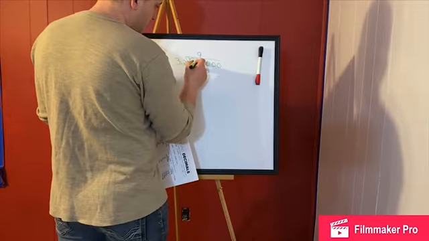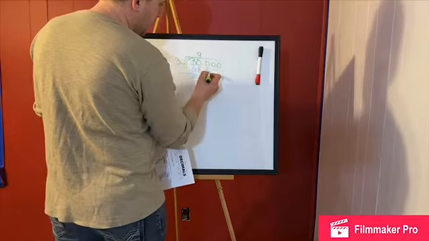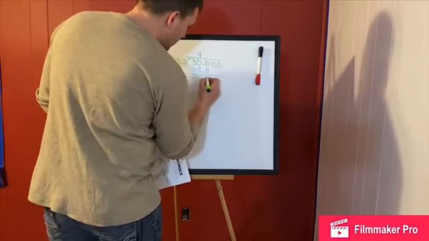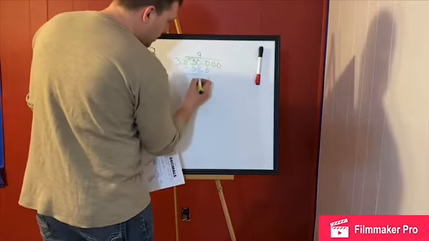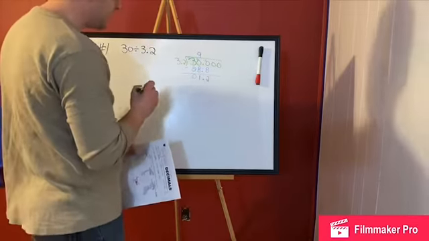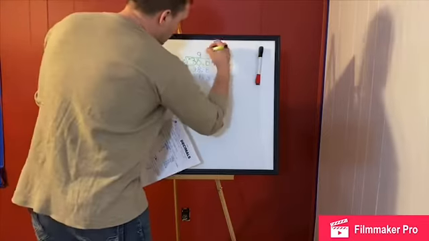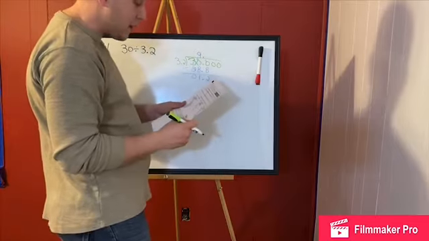Carry this over. This will be a 9, because we need to make that a 10. So, 10 minus 8 is 2. Put our point there. 9 minus 8 is 1. So, we make our little decimal up here at the top, because that's the biggest whole number we have, which is 9.